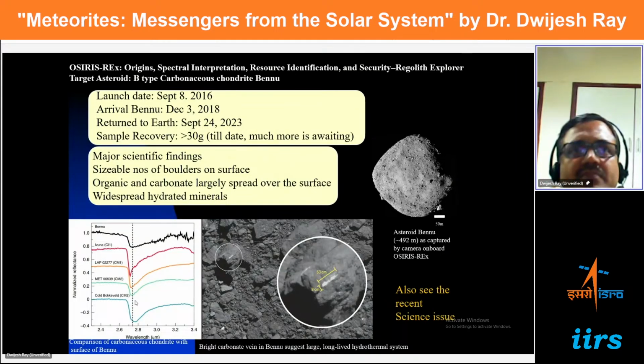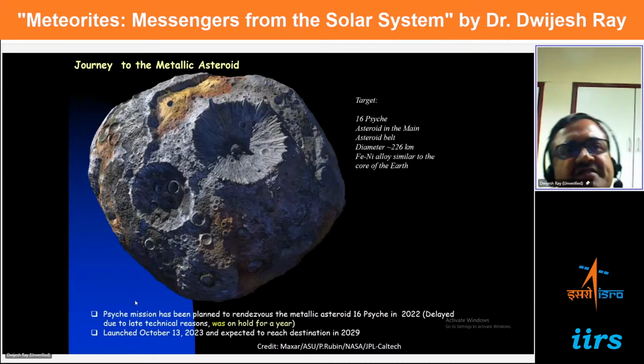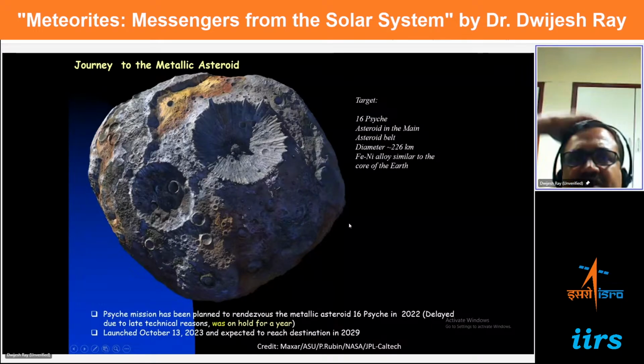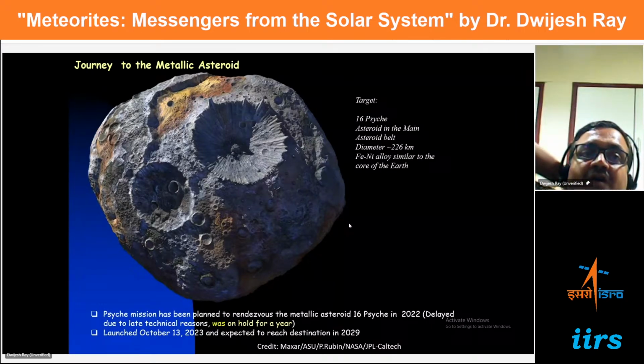So these three missions are mostly on S-type and similar asteroids. But NASA also launched a mission to a metallic asteroid, 16 Psyche. Some information on this asteroid: the diameter is around 200 kilometers, and it is supposed to be formed exclusively of iron-nickel alloy.